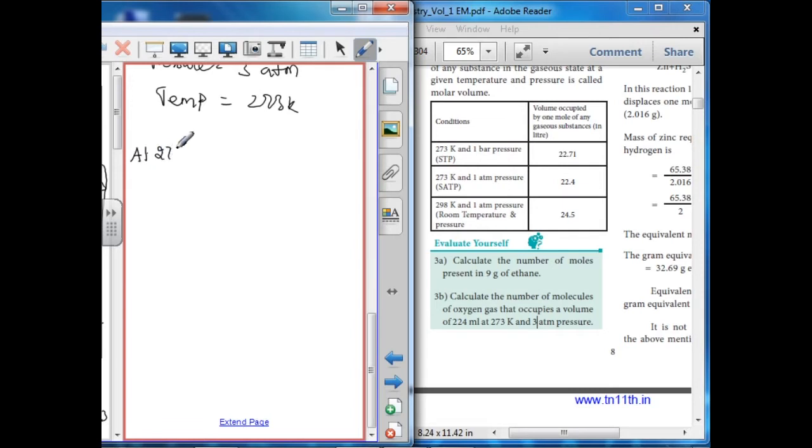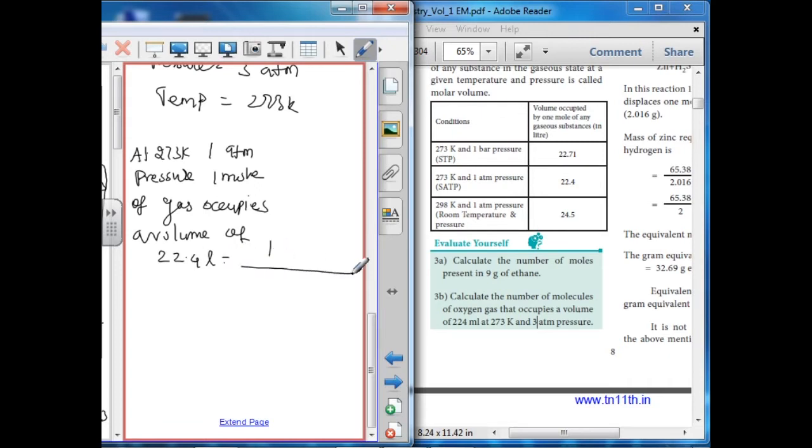At 273 Kelvin, 1 atmospheric pressure, 1 mole of gas occupies a volume of 22.4 liter, equal to 1 divided by 22.4 liter multiplied by 273 Kelvin multiplied by 1 atmosphere.